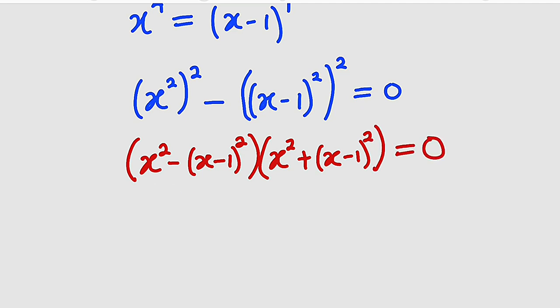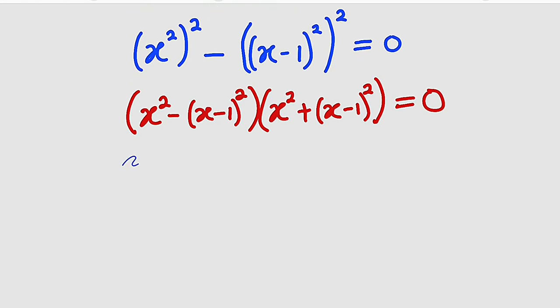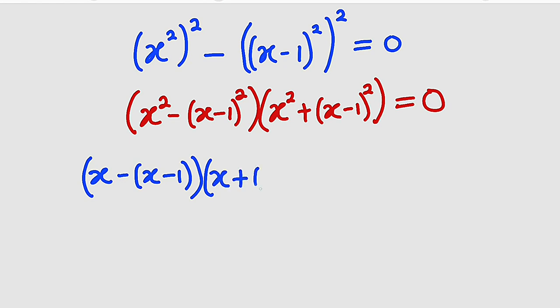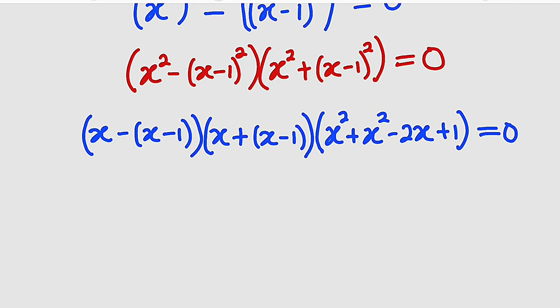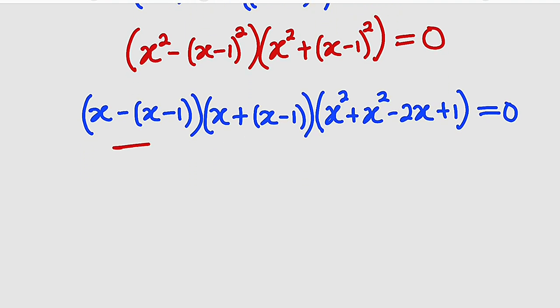This is another difference of two squares, which we can factorize as (x minus (x minus 1)) multiplied by (x plus (x minus 1)). The other one cannot be factorized, so we have x squared plus (x minus 1) squared, but we can expand this one. It will be x squared minus 2x plus 1 if you expand it, and this is equal to 0. Let us simplify these first two brackets.